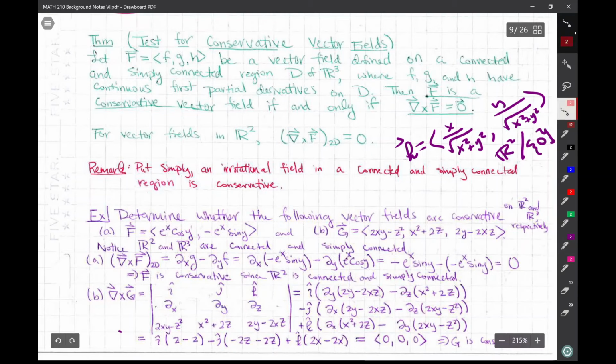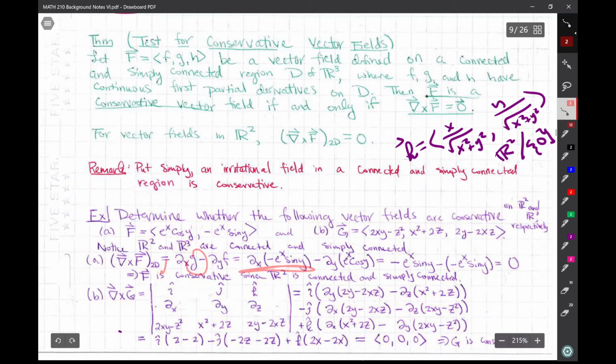For situations where you don't run into that sort of problem, and you're just on R2 and R3, then you just need to check the curl. So let's go ahead and check the curl. Well, for A, our vector field F is in R2, so we use the 2D curl, which is defined this way. And we just plug and chug here.